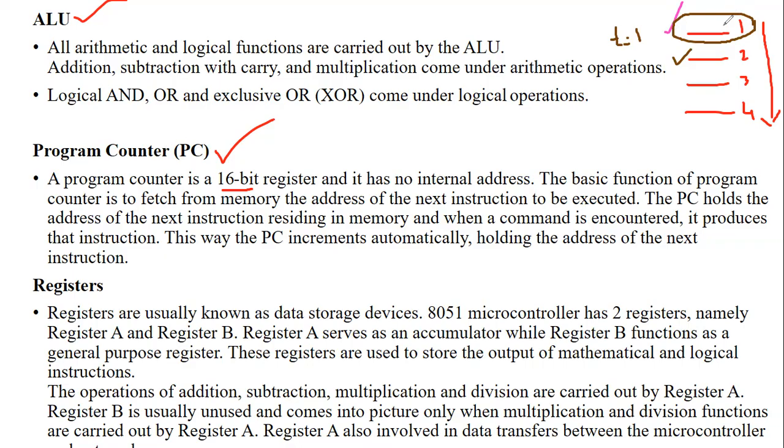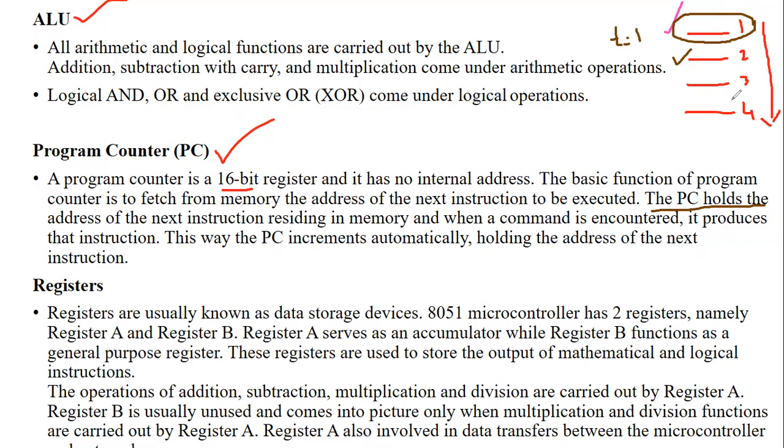Execution is going on, but the address of the next instruction is stored in this program counter. So this PC, the program counter, holds the address of the next instruction that is going to be executed.